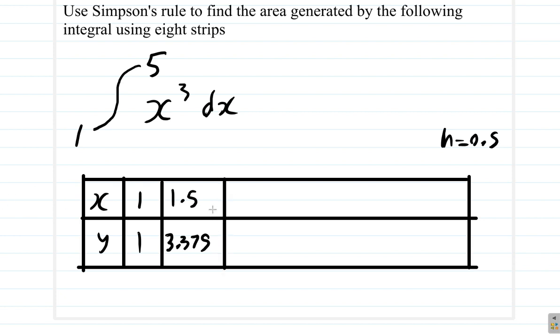Then our next value is going to be 2, because we keep adding 0.5, right? So 2 cubed is 8.